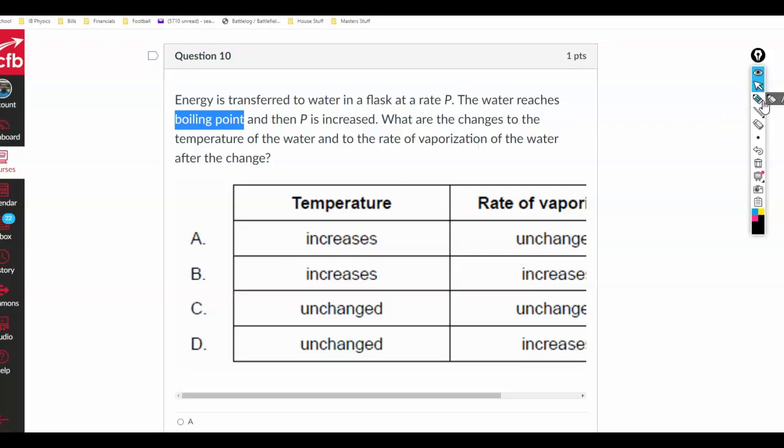We talked about that several times already in this video. Okay, so that means the temperature should be unchanged. However, the rate of vaporization would increase, because obviously if you're adding heat at a faster rate, the internal energy is going to increase faster. That energy just shows up in a phase change. Okay, so the vaporization is going to happen faster. So pause it there if you need to look at that some more.